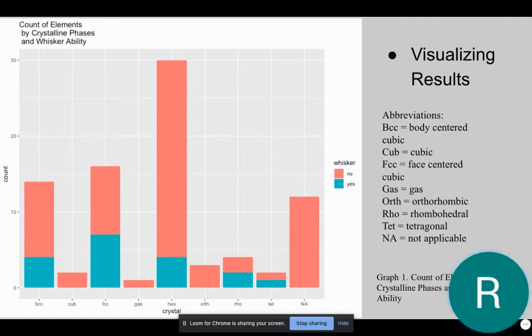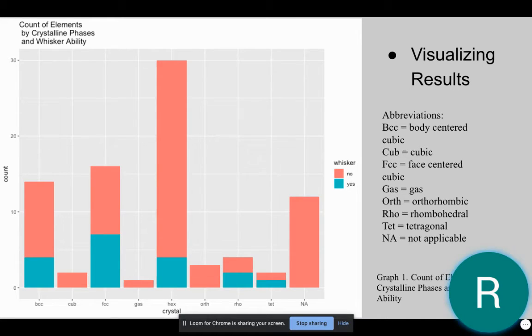And it seems that FCC, face-centered cubic, is the most popular crystalline phase for whiskering metals. And then some of the crystalline phases that don't whisker are regular cubic and orthorhombic. I think this is a pretty interesting graph.